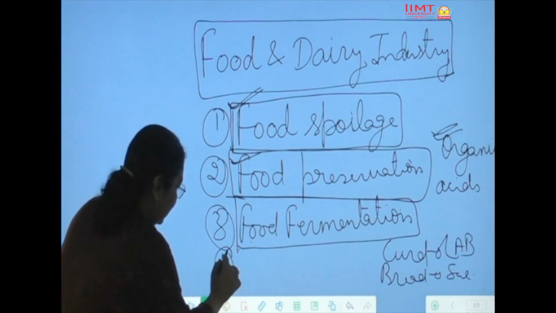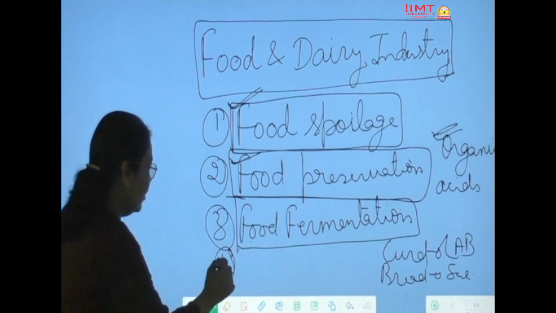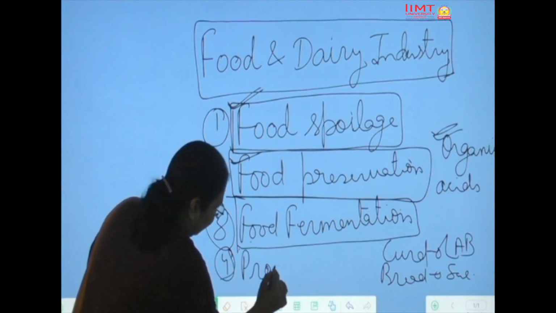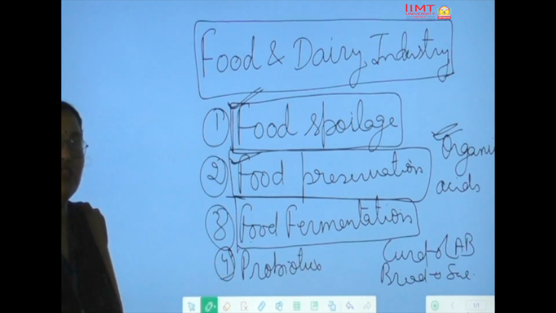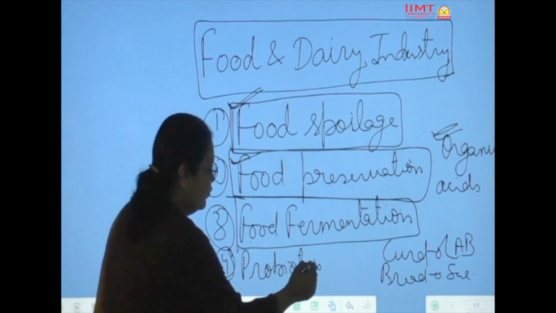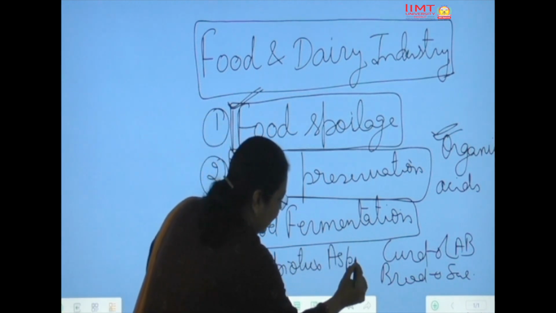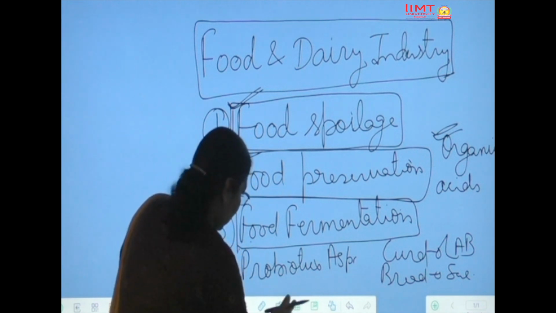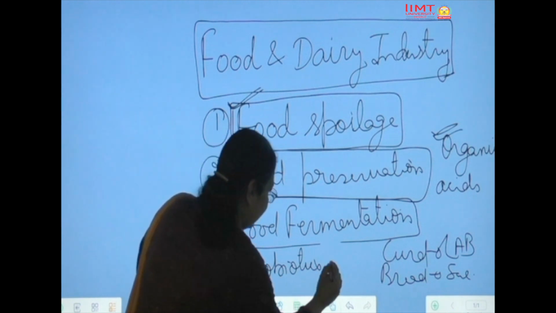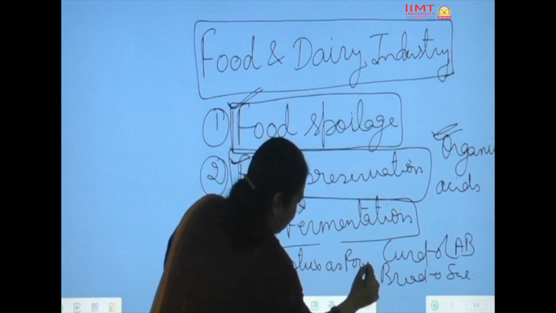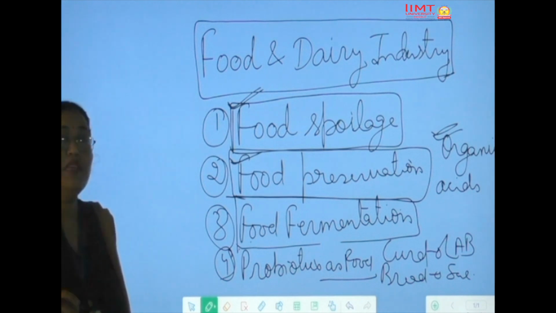One aspect in the food and dairy industry is also the use of probiotics, or we can say that in the food industry one of the applications of microorganisms is as food. Microorganisms as food. So if you talk about microorganisms as food, do you know one of the foods which is a microorganism and we are eating?